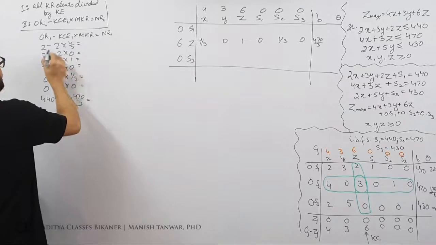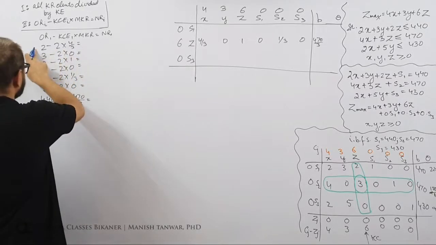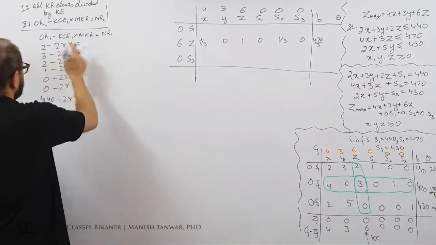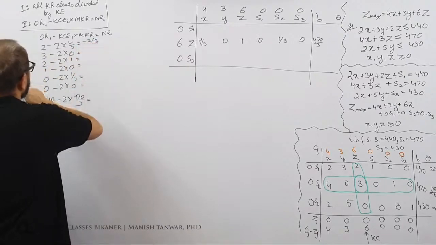What do we get? 6 minus 8 by 3, minus 2 by 3.